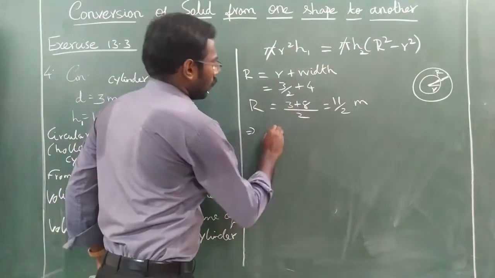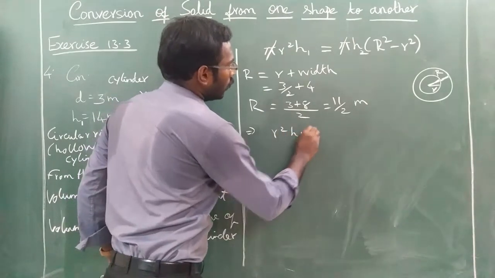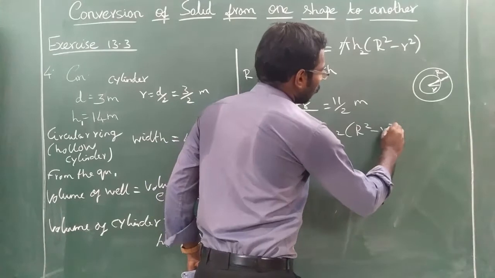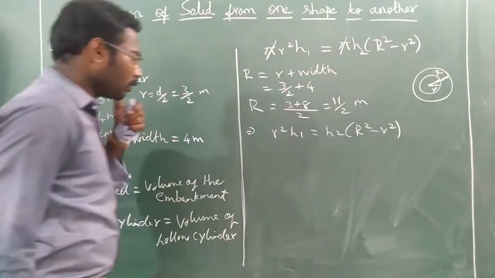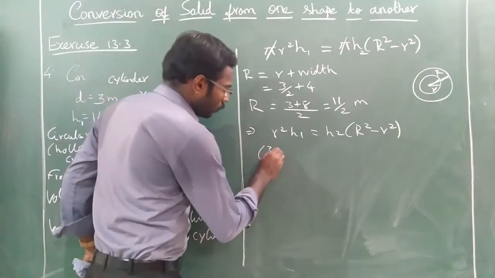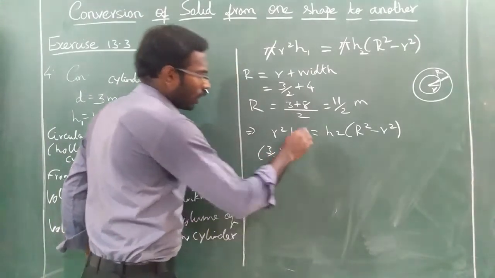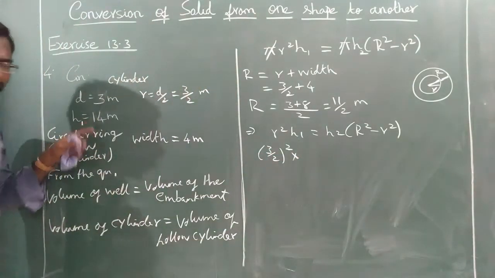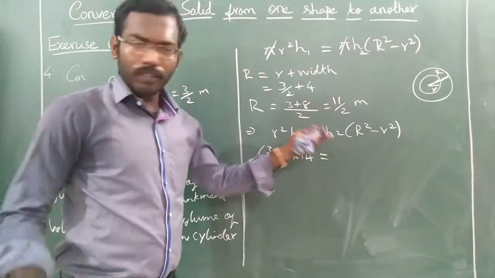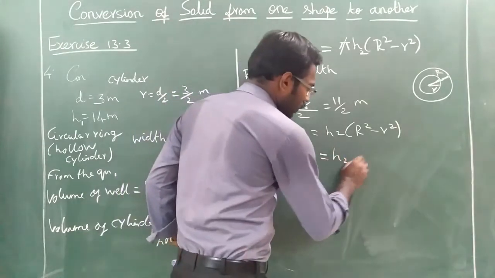Use small r square h1 is equal to h2 into capital R square minus small r square. Apply the values. The small r value is 3 by 2. So 3 by 2 square into h1. h1 is 14, so into 14, is equal to h2, we don't know, keep it as h2.